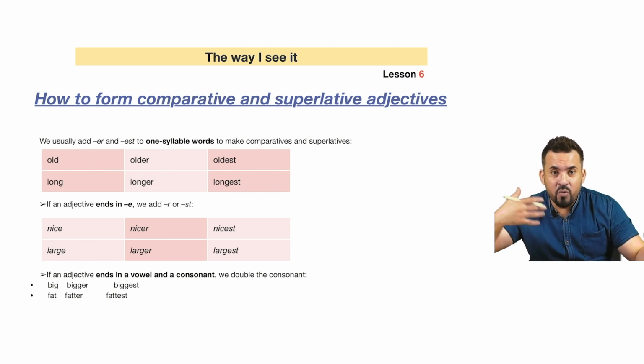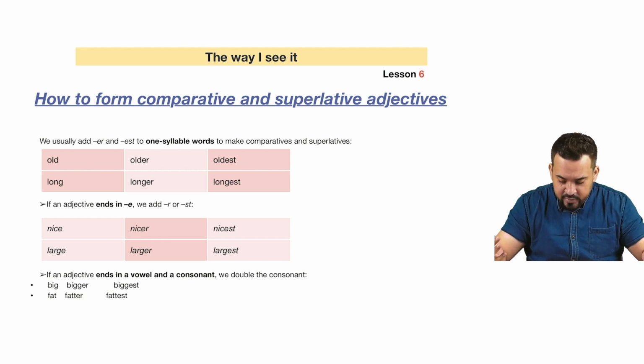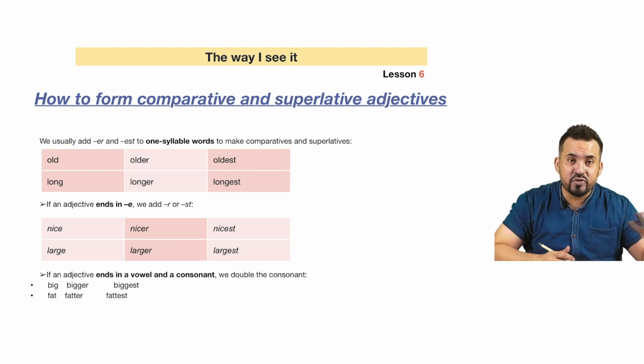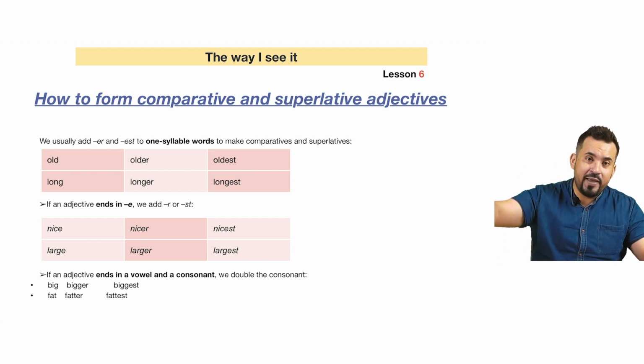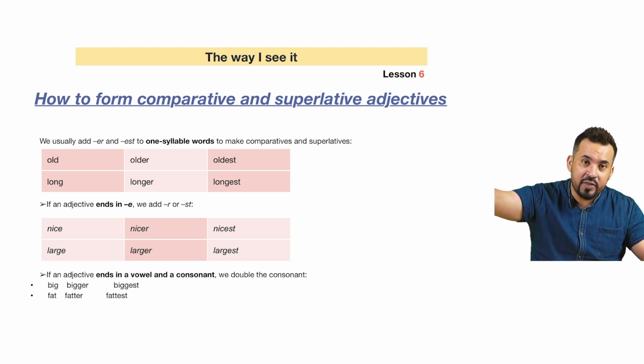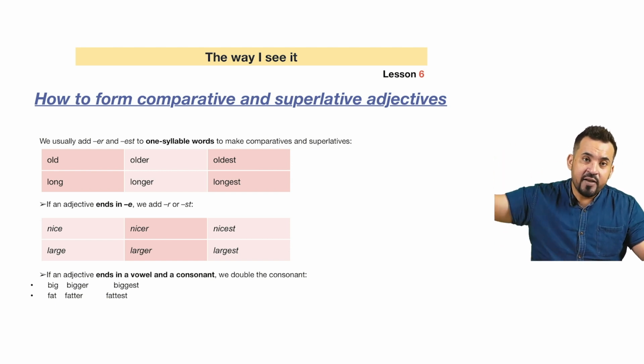This also applies always when it's a vowel and a consonant at the end of the word. We always double the last letter, even if we're making a simple past. For example, stop, S-T-O-P: O-P is a vowel plus consonant, so we double the consonant, which is the P. Stopped, S-T-O-P-P-E-D.